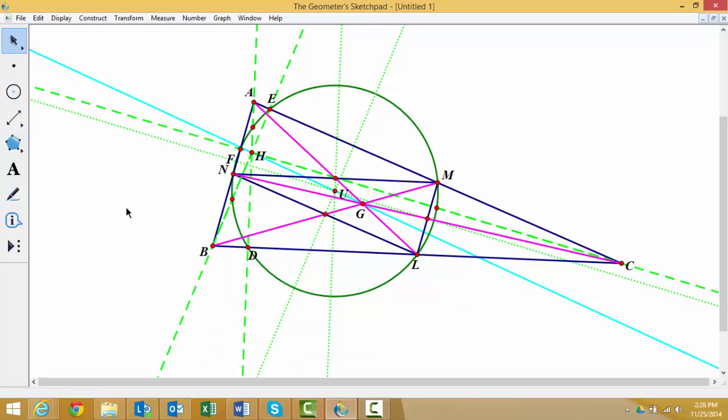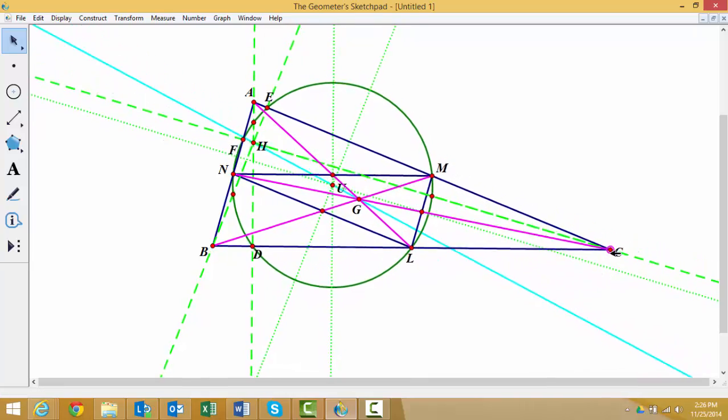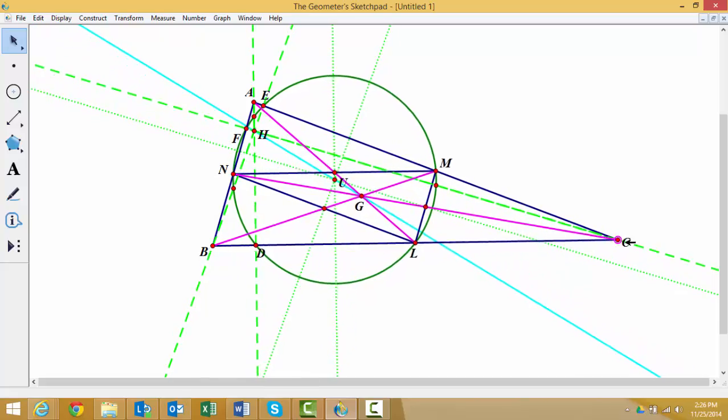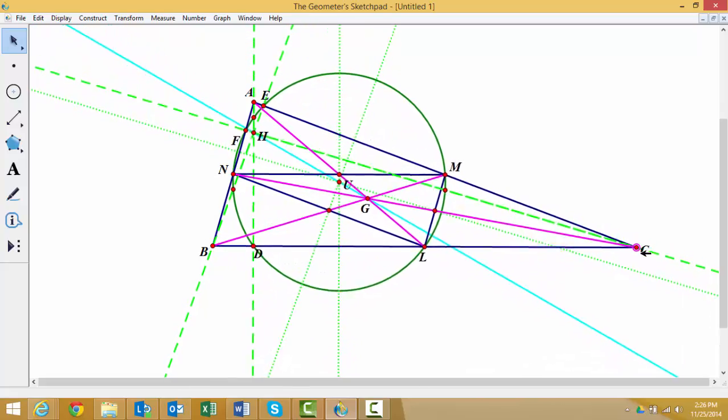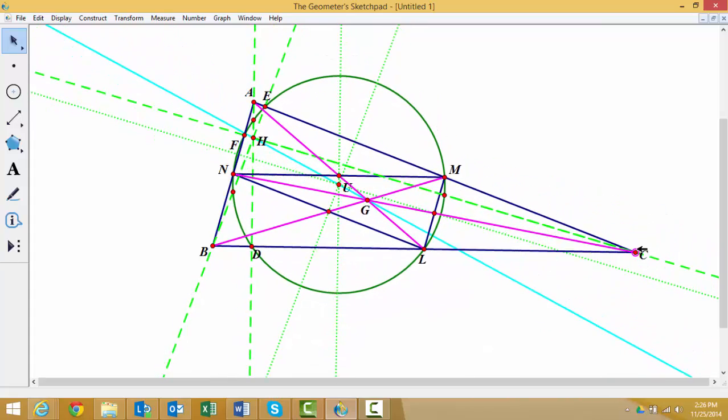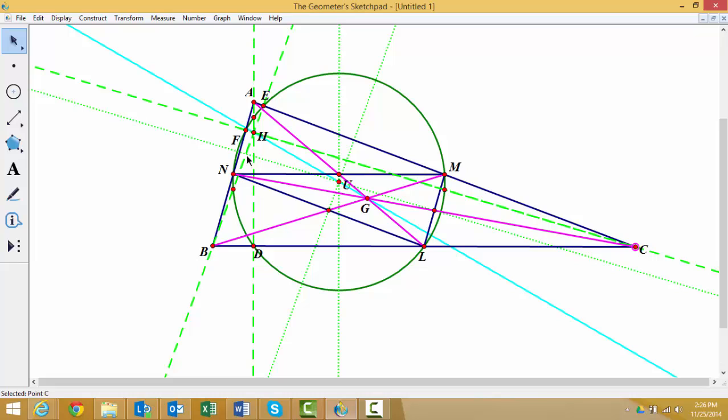So now you see that whenever I move the triangle, the light blue line, H, U, G, all those three points are on that light blue line. H is the orthocenter, U is the center of the nine-point circle, and G is the centroid. All those three points lie on the light blue line. So that light blue line is called the Euler line.